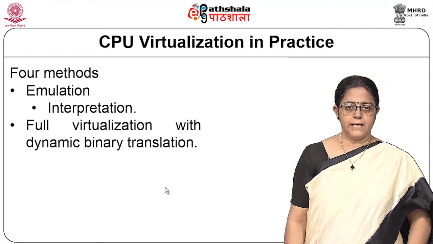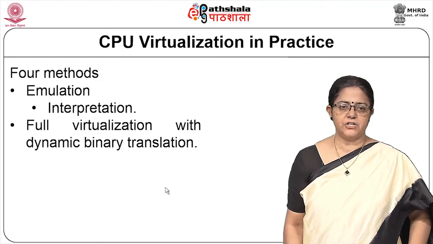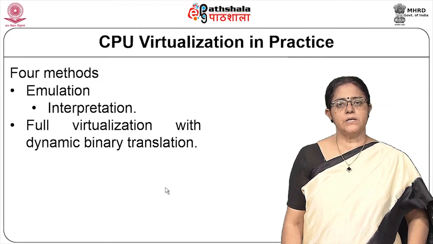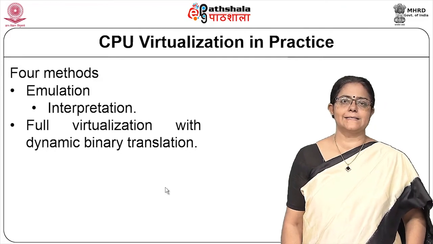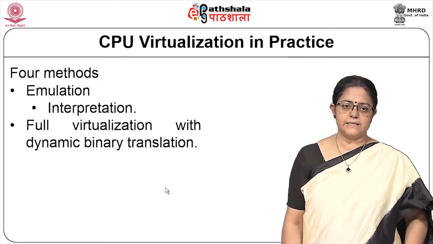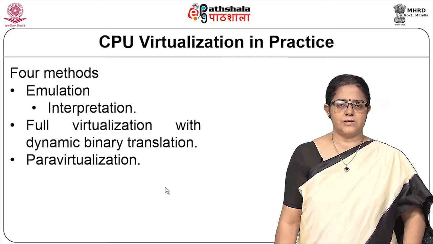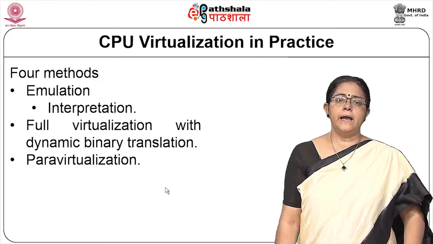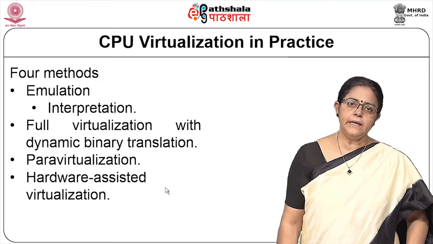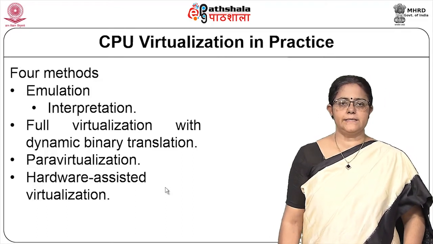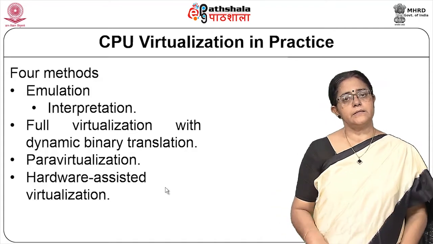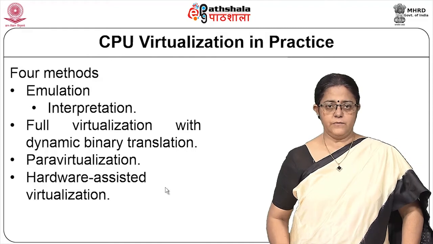One is emulation, where we saw interpretation. One is full virtualization using dynamic binary translation. We will see how dynamic binary translation works. And then we can have para virtualization, and finally, we can have hardware assisted virtualization. These are 4 practical methods of working with virtualization.